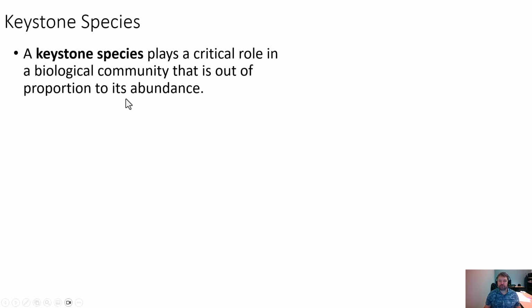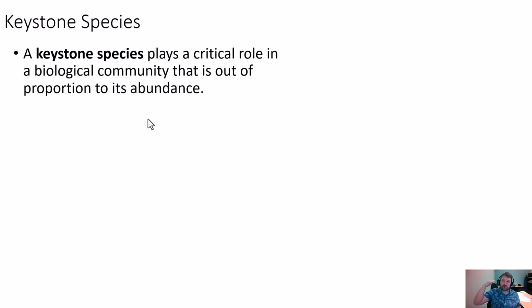So first, we define it as a species that plays a critical role in a biological community, regardless of its abundance. So it could be extremely abundant, as we'll look at, or it could be a top predator like sea otters, just keeping things in check underneath it. It doesn't have to be an apex predator.